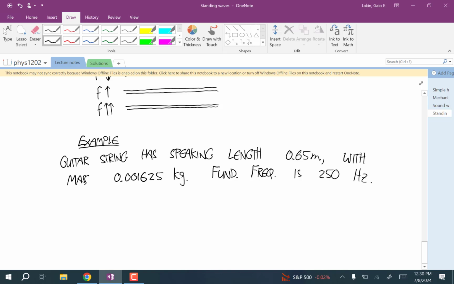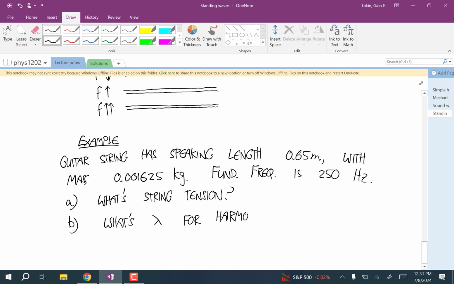Okay, so we want to know first, what's the string tension? Second, what's the wavelength for the harmonic with 3 nodes?